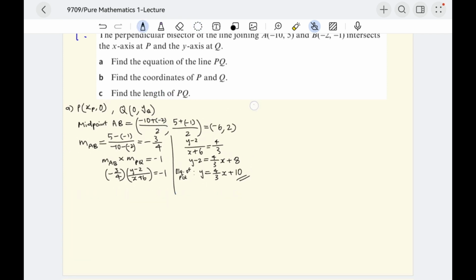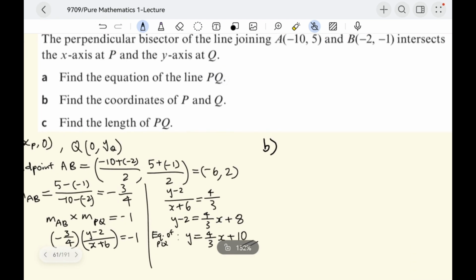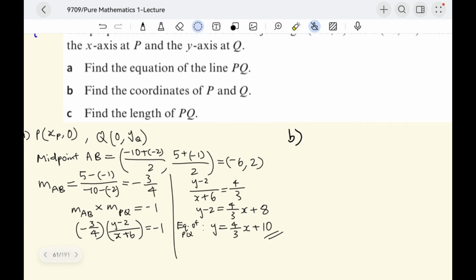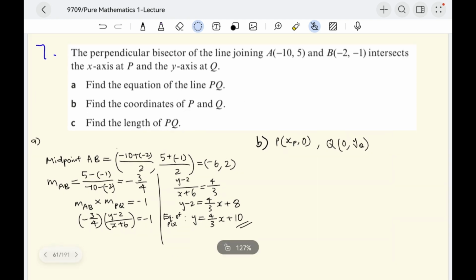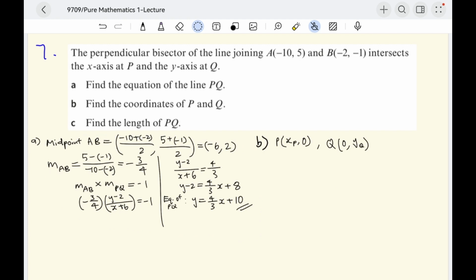For part B, find the coordinates of P and Q. As you know, P intersects at the x-axis, which means the y-coordinate of P is 0, and I am looking for the x-coordinate of P. So when y equals 0, x equals the x-coordinate of P. So I have 0 equals 4 over 3 x plus 10.